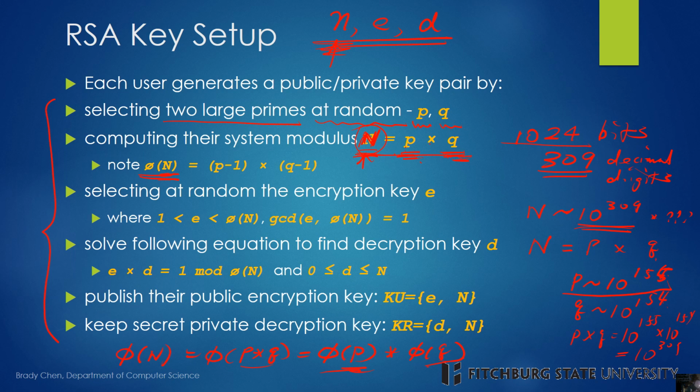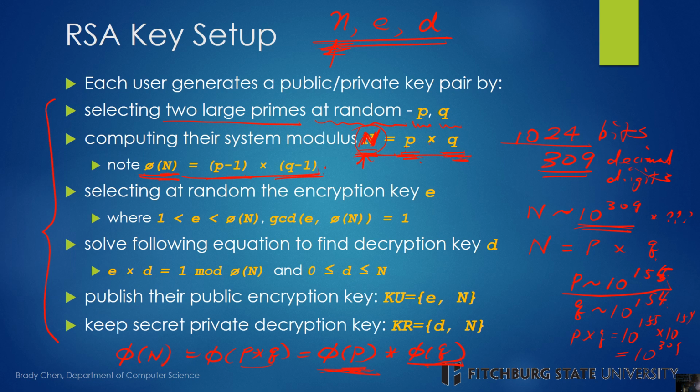What is Euler's totient number for a prime number? Because p is a prime number, every number smaller than p is relatively prime to p, right? So all the numbers from 1, 2, 3, 4, all the way to p minus 1 are all relatively prime to p. So the Euler's totient number phi of p is p minus 1, and phi of q is q minus 1. So phi of n can be calculated easily by multiplying p minus 1 and q minus 1.